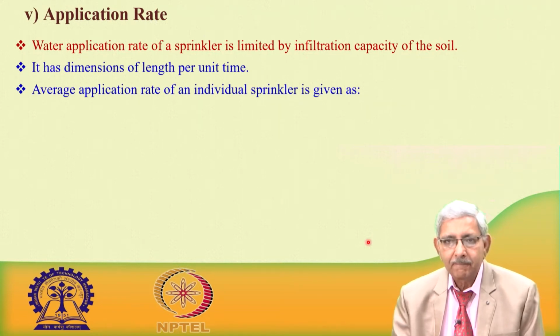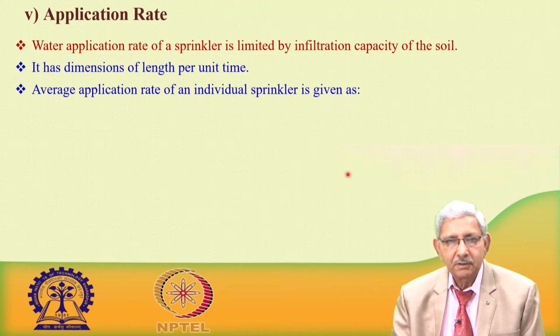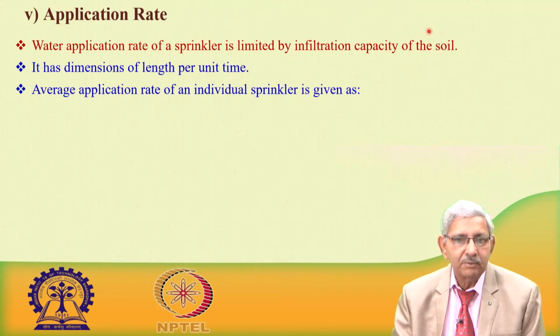Application rate from a sprinkler nozzle should be such that it does not form runoff. It should be less than the infiltration capacity of the soil.